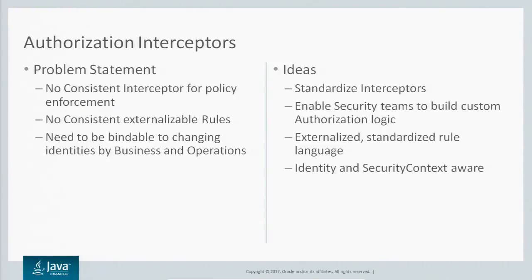So if you hardwire a bunch of rules based on specific identities into your application, that's going to be pretty brittle over time. Some ideas to address that are standardizing on some interceptors, allow security teams to build custom authorization logic with some externalized and standardized rule language, and make it identity and security context aware.